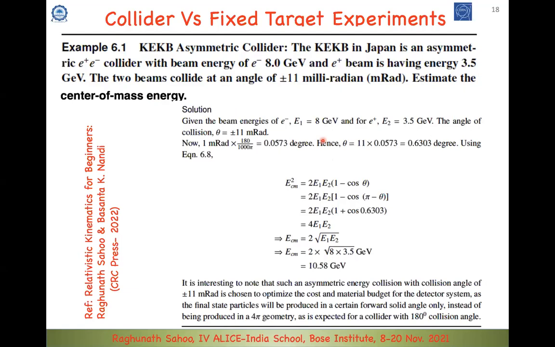So why 11 milliradian? That is a question to all the experimentalists you can think of. Instead of making a head-on collision like this, 180 degree, why do they take 11 milliradian? Okay, if anybody can answer, that is fine.